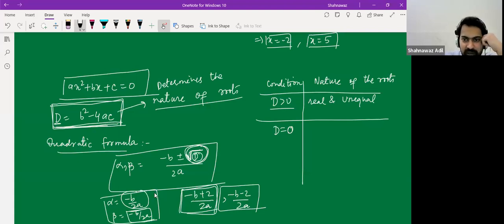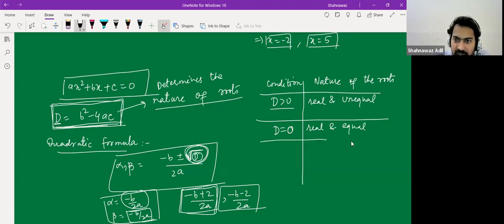Right, Adil? Yes. So these are real, and are they equal or unequal? Equal. Yes, so real and equal.